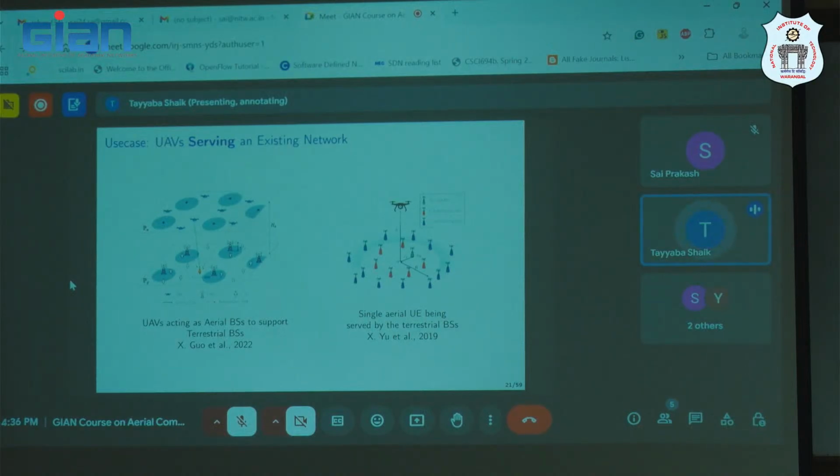So all the users outside this disk will experience non-line of sight with the UAV, and all the users within this disk will experience line of sight. So this is a fairly simple model to implement, in a mathematical sense, and to gain more insights.